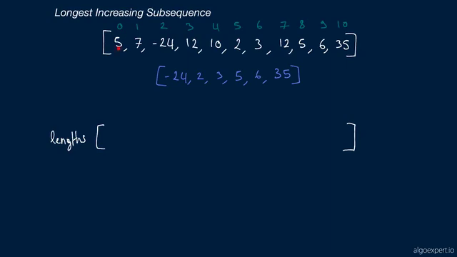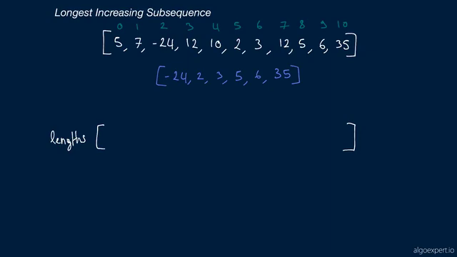So in this case, we're only using 5. Then in the second index, we'll say, what's the length of the longest increasing subsequence that ends in 7 and only uses the numbers 5 and 7, and so on and so forth, okay? And we're going to use each of these values that we store here to help us build out this array.